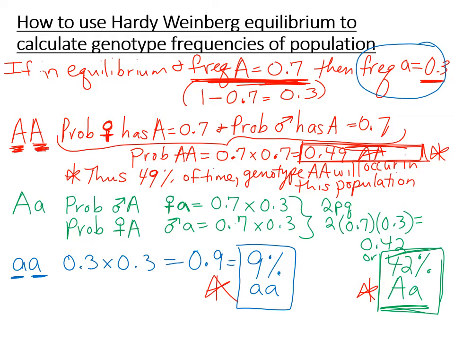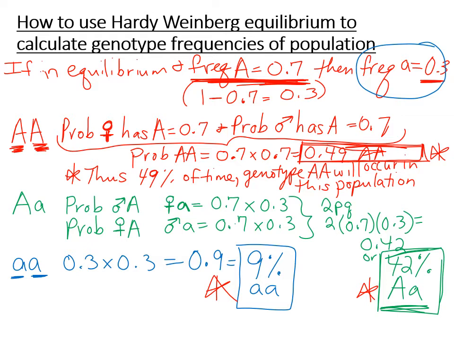Okay, so notice in the beginning, all I gave you was the frequency of a single allele, the dominant allele. And I could have given you either one. I could have given you the recessive allele instead. Doesn't matter. When you are given a single allele for a population that's in equilibrium, you can then calculate so much. You can calculate the second allele's frequency in that population.